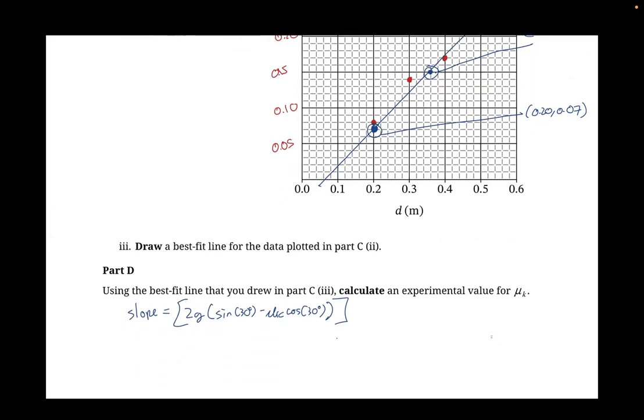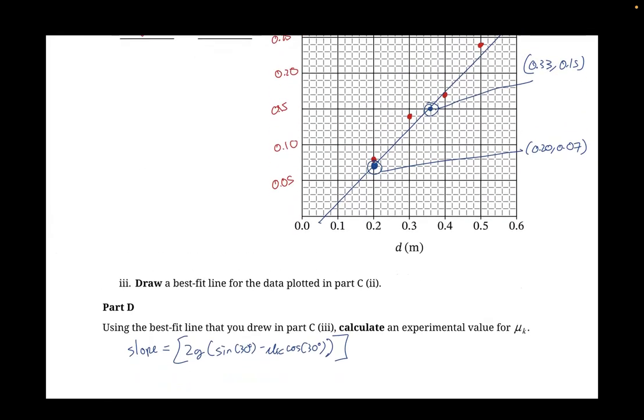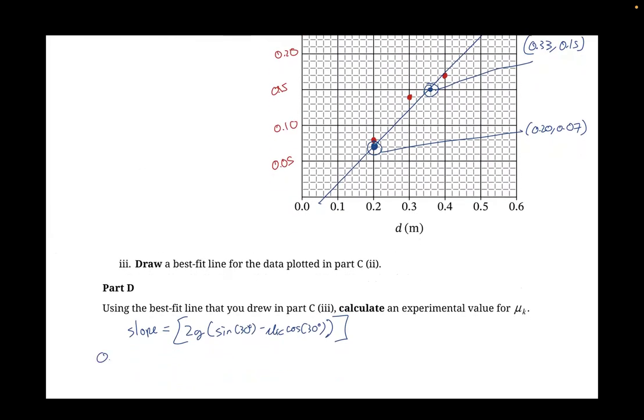Perfect. And now we've got to find the slope. So that's going to be 0.15 minus 0.07 divided by 0.33 minus 0.2, which gives us about 0.6.